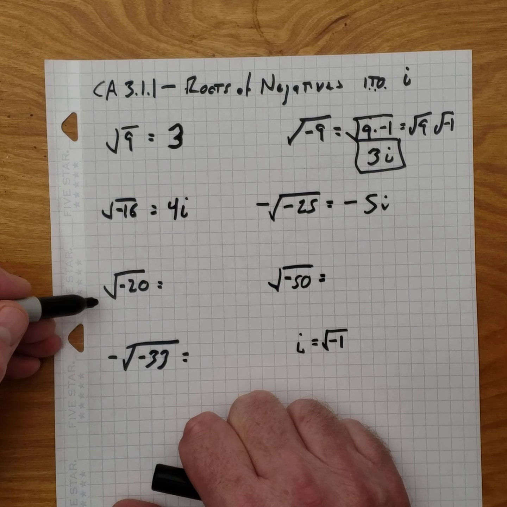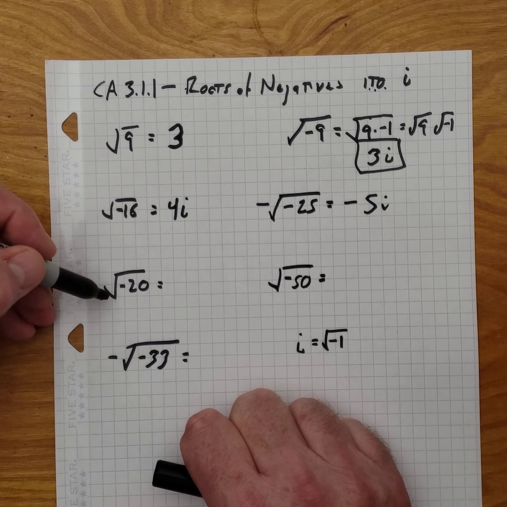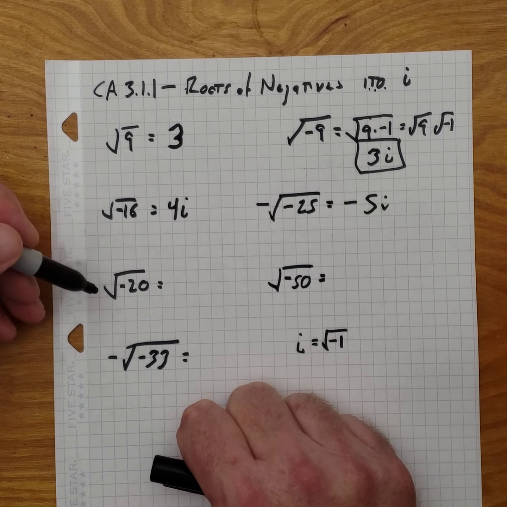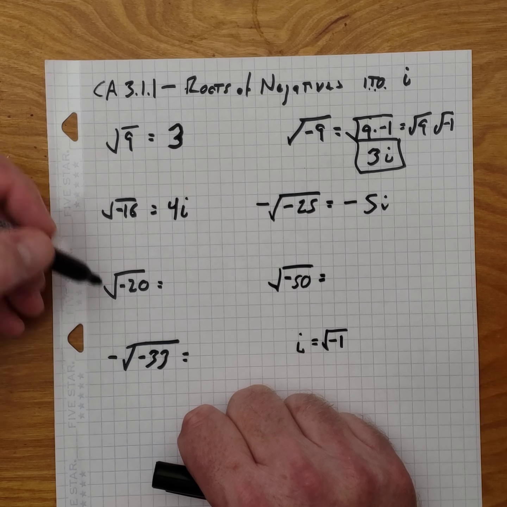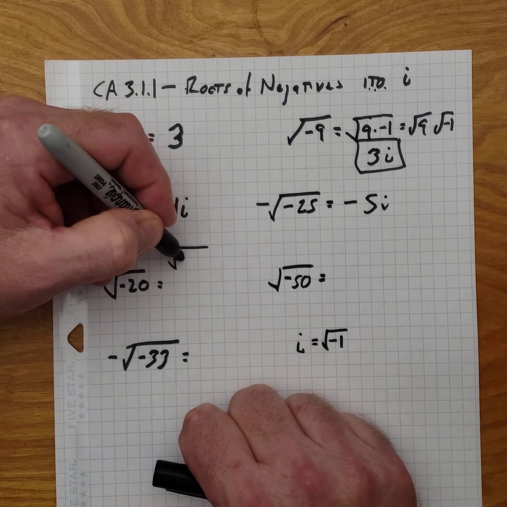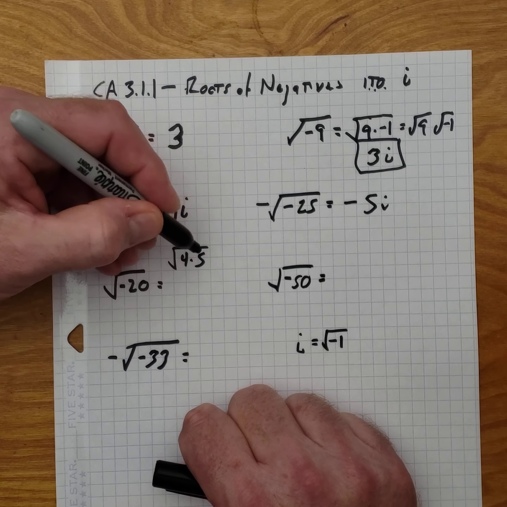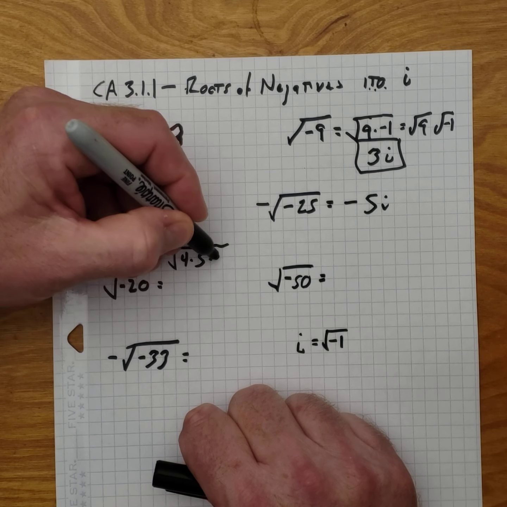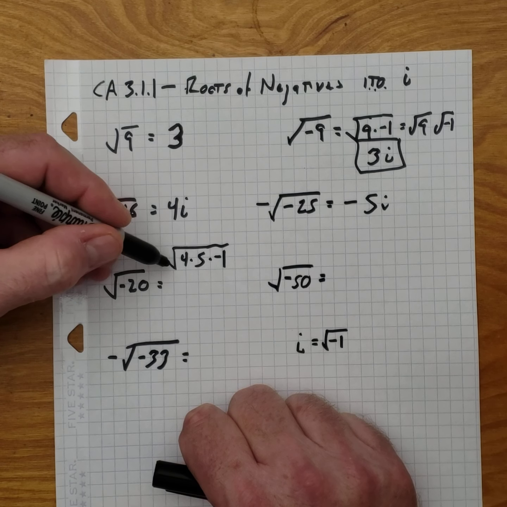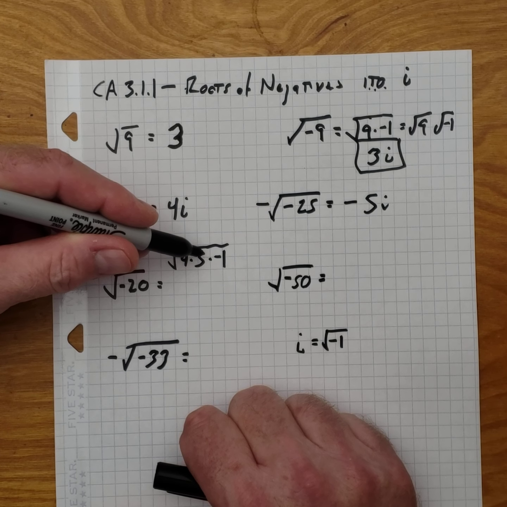Of course, we're going to have to make it a little bit more complicated or it wouldn't be college algebra, right? Something like the square root of negative 20. We don't have a nice number for the square root of negative 20, but we can reduce the square root of 20. Okay, 20 is 4 times 5. So we can think of this as the square root of 4 times 5 times negative 1.